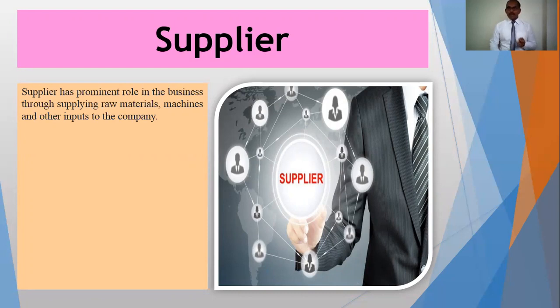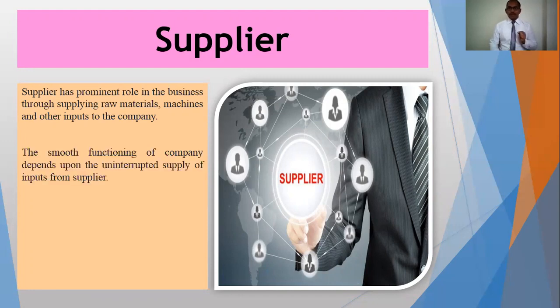When the sugar factory receives timely and adequate supply of that raw material, that is sugar cane, it can function smoothly. Suppliers play a key role in the success of the business because providing timely and adequate supply of raw material to the company leads to smooth functioning of that particular organization.